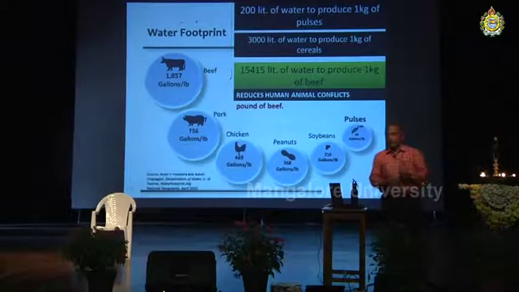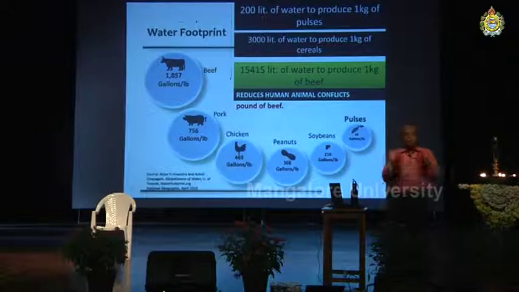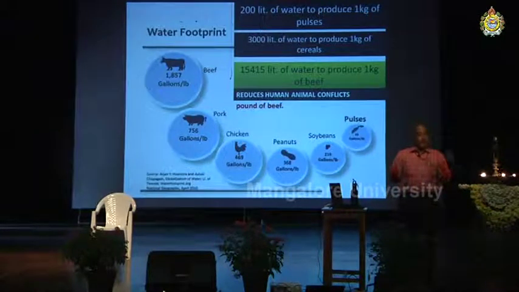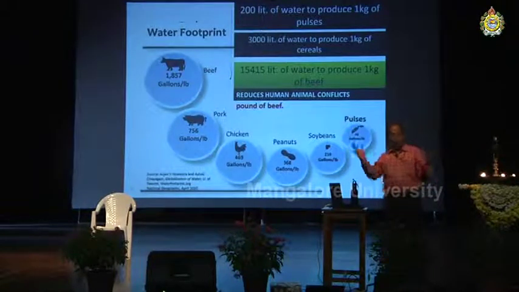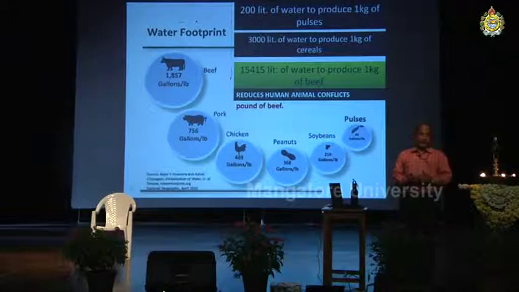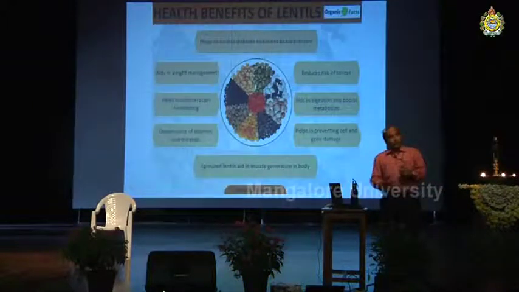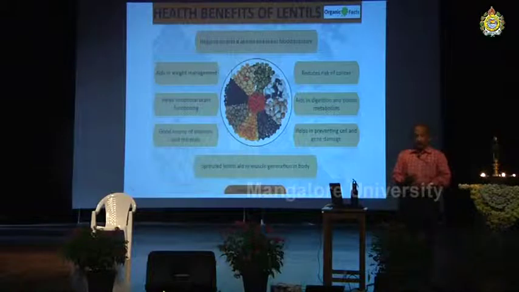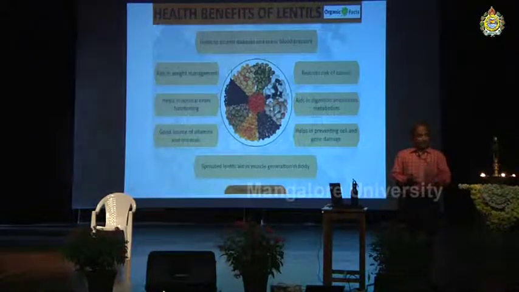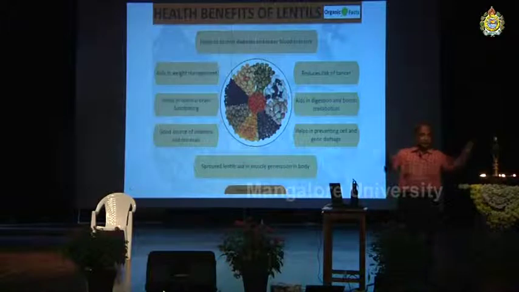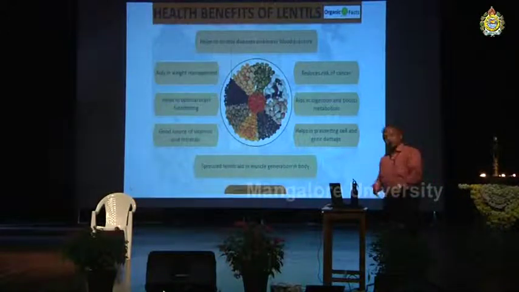To grow 1 kg of cereals, rice or wheat, you need 3000 to 5000 liters, and to grow sugarcane, you need 10,000 liters per kg of sugar, and for meat, 1 kg of beef requires about 15,000 liters. Now, depending on the water footprint, you can decide what food you should eat. And what are the advantages of these pulses? It reduces the instances of cancer, improves digestion, and helps with neural disorders.